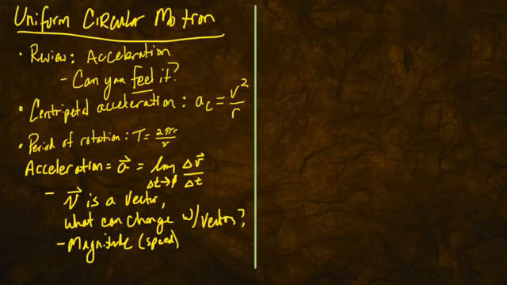Okay, if we change the magnitude, which is what we've been used to so far, what are we really changing? It's the speed, right? The magnitude is the speed that we're changing.